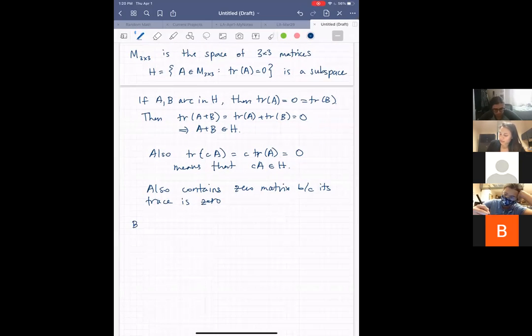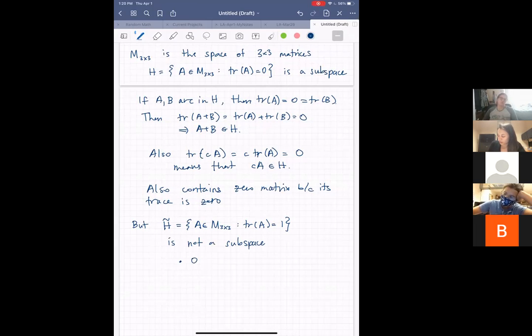Okay, but we can define another space. We could call this H tilde, where we take 3 by 3 matrices such that the trace of A is equal to 1. This is not a subspace, because the 0 matrix is not in that space. Exactly, yeah. So there are a few problems.